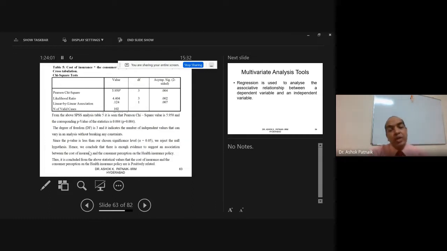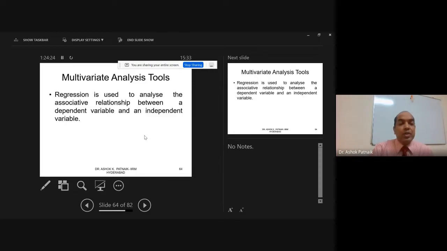So this is how you can write or interpret the analysis. You need to compare the p-value with the industry standard or the significance level, which should be at minimum 0.05. If it is below this, you reject the null hypothesis. If it is above this, you accept it.